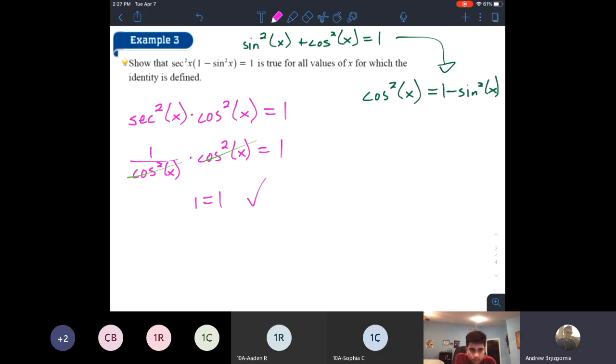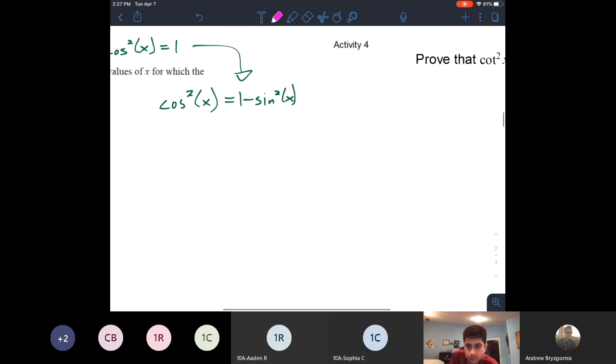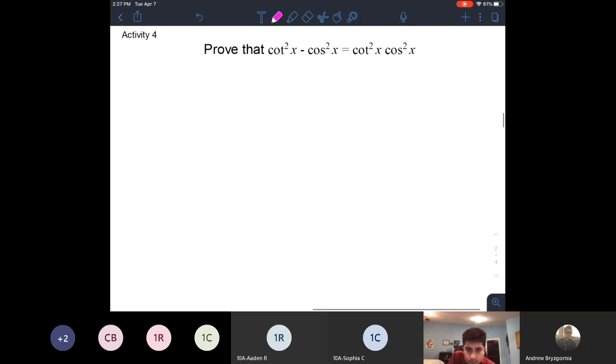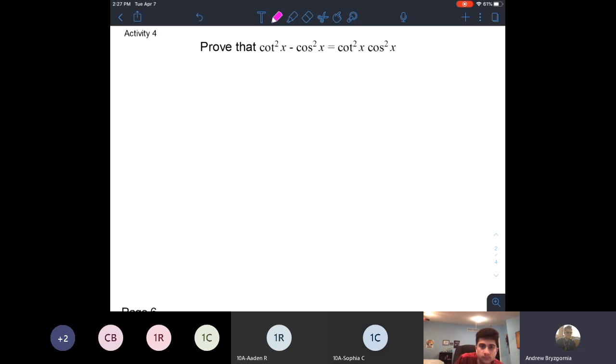Are there any questions so far with what we've done? No. Okay, I am going to move on then. So I want you all to try this one. You shouldn't need to make multiple substitutions. I think if you use just one of the Pythagorean identities, that should be enough in order to solve this.